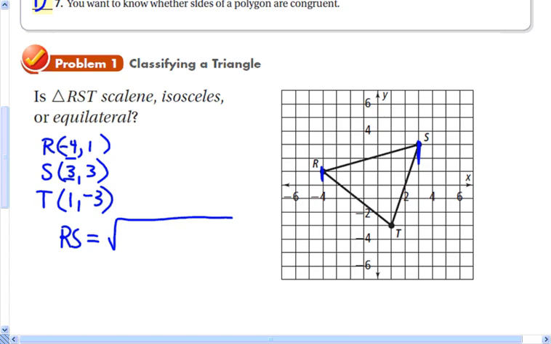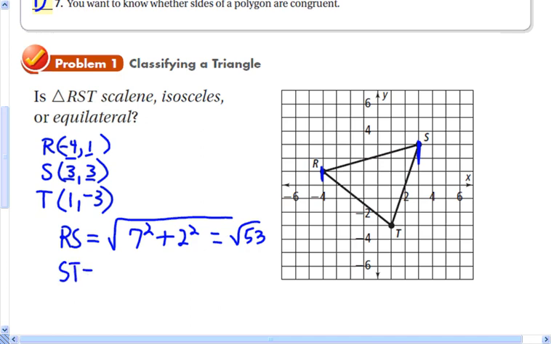So from -4 to 3 is 7 units. And you get that by subtracting 3 minus -4, or -4 minus 3. One way you get positive and one way you get negative, but when you square it, you're going to get positive anyway. Then we're going to add the vertical distance between R and S, which is 3 minus 1, or 1 minus 3, which is 2 squared. And if I simplify that, I have 49 plus 4, which is the square root of 53. And that's in simplest radical form.